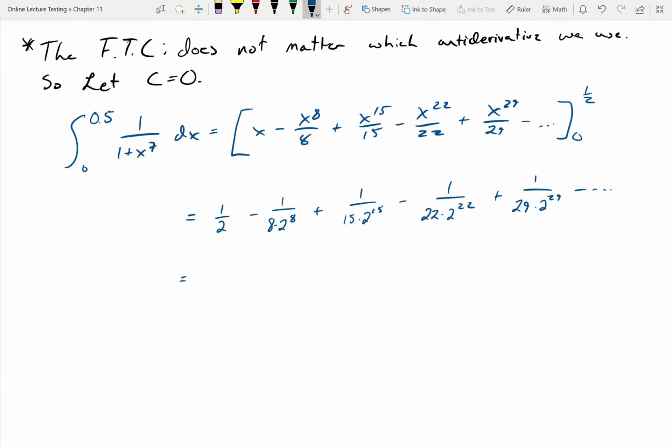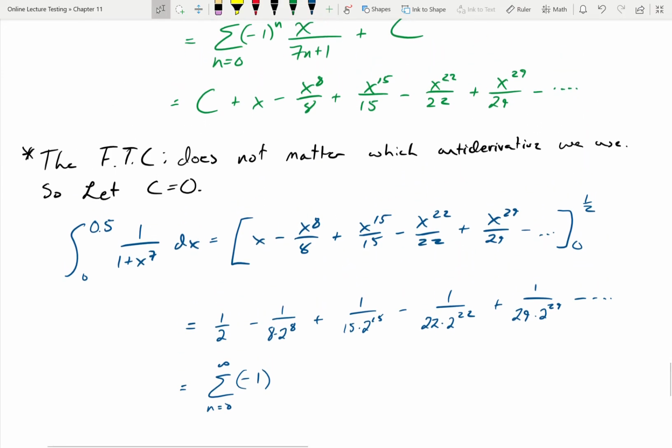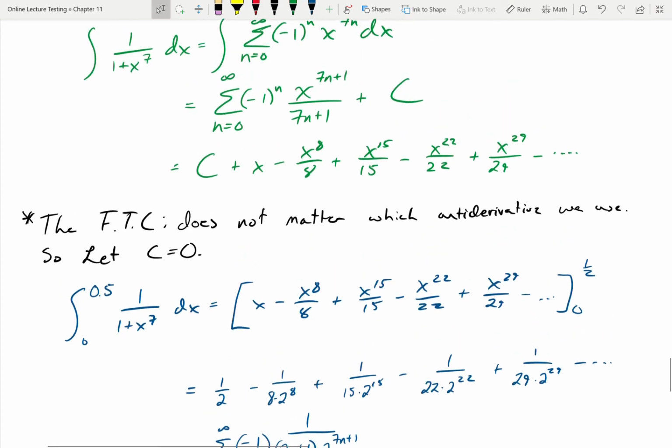This is the same thing as the series from n equals 0 to infinity of negative 1 to the n, times 1 over 7n plus 1 times 2 to the 7n plus 1. Again, plugging in 1/2 for x gives the same exact thing.